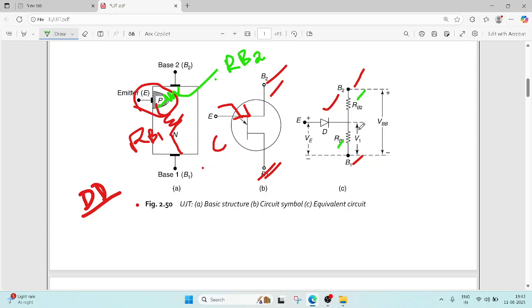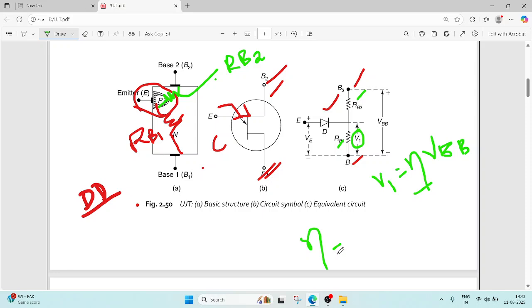The drop across RB1 is V1. What is V1? V1 is the drop across RB1. This drop is eta VBB, right? Now this eta is nothing but the intrinsic stand-off ratio.